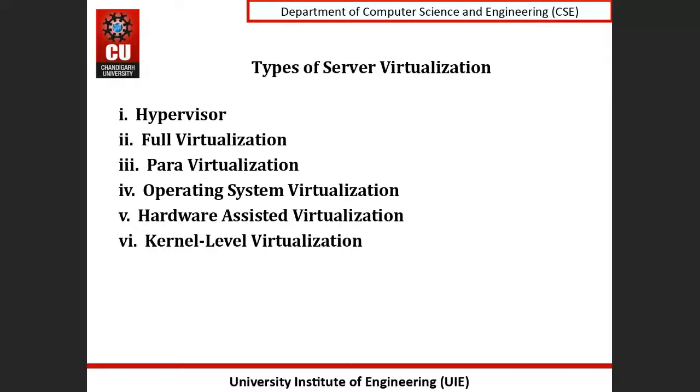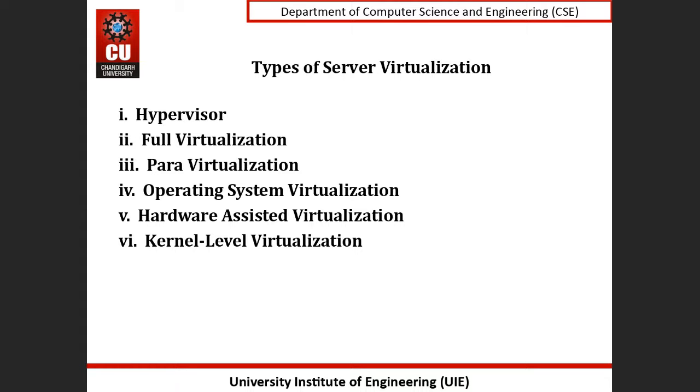So, types of server virtualization. You might have seen these types of virtualization also. These are all the types of server virtualization. That's why I told you not to look up the virtualization types on the internet. It may tell you different types, right? Now you can say server virtualization is of five or six types: hypervisor, full virtualization, para virtualization, and operating system virtualization also comes under server virtualization, because a server itself is one system that has a huge amount of data and an operating system also.